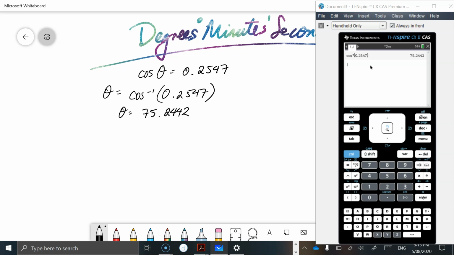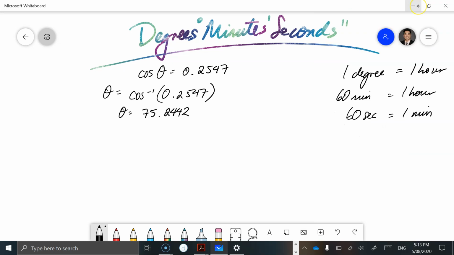But if we wanted to convert into DMS form, we're going to be looking at this value. At the moment we've got 75 degrees, and we need to work out how many minutes and seconds there are.